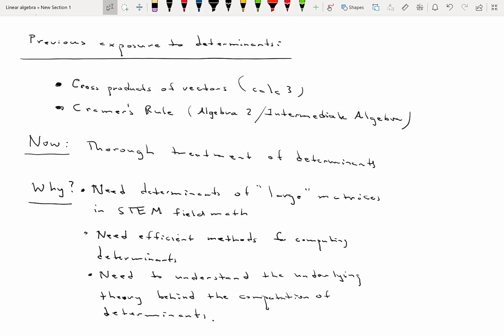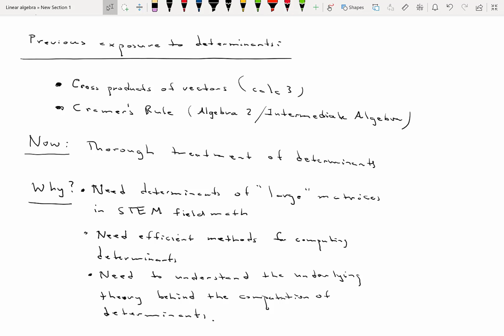In fact, I think that most physics classes do. And even if you haven't taken Calc 3 or any physics, you very likely studied Cramer's rule, which is a method for solving systems of equations in Algebra 2 or in intermediate algebra. And some pre-calculus instructors also review Cramer's rule.